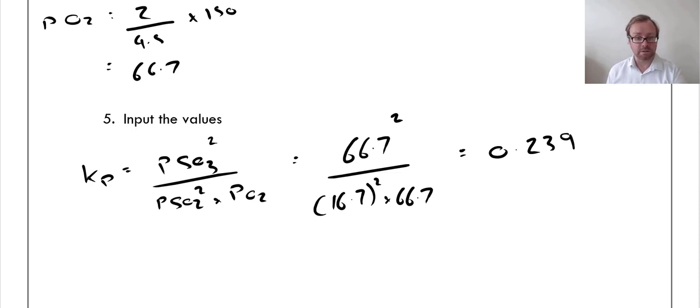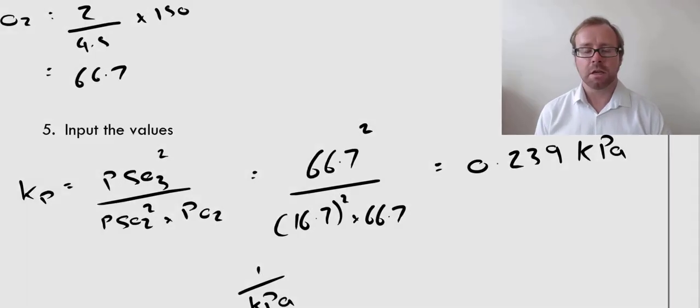Don't forget to do the units. We have 2 kPas on the top, 3 on the bottom. So again, it will be 1 over kPa leading to kPa minus 1.